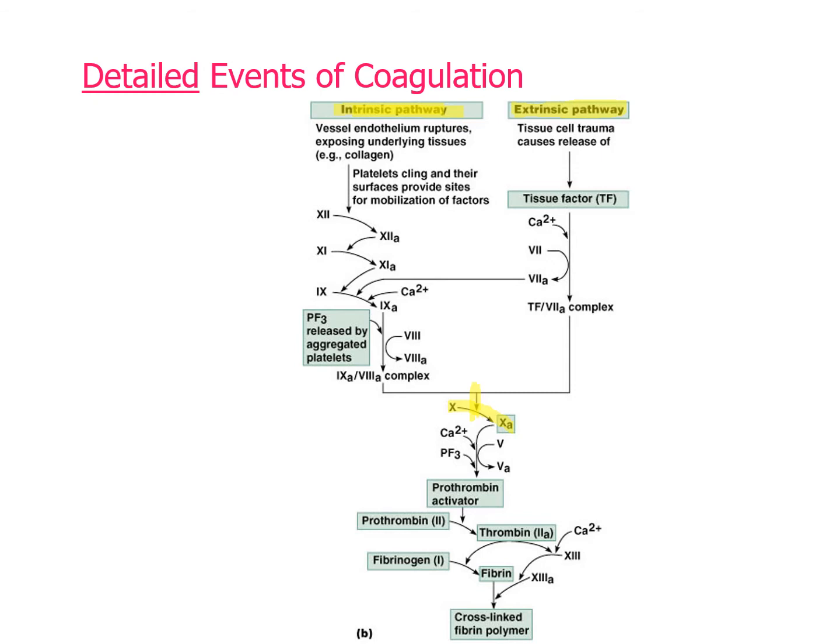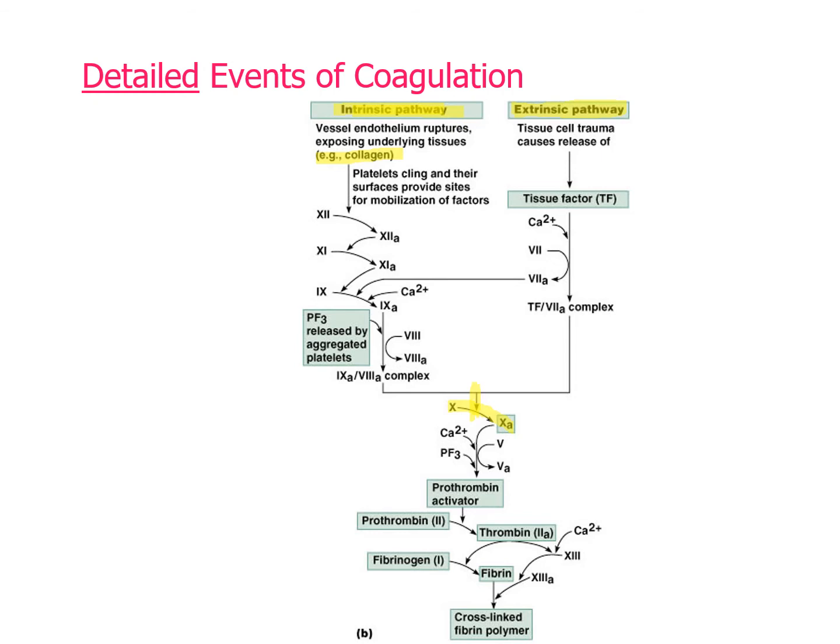So let's start off with the intrinsic pathway. The intrinsic pathway is activated via the exposure of collagen, the connective tissue just underlying the endothelial cells. So if there's an injury and there's bleeding, you have to have pierced through that and exposed some collagen. So that initiates the activation.